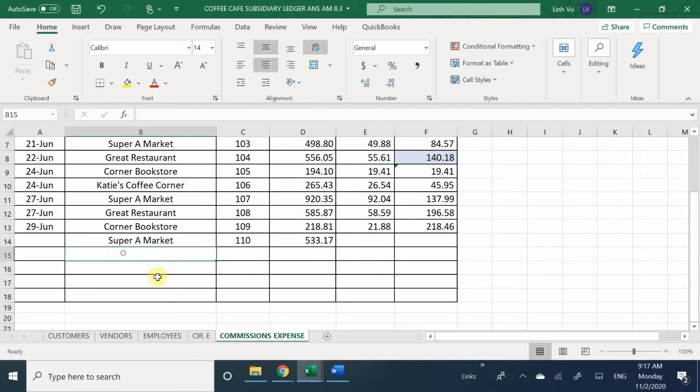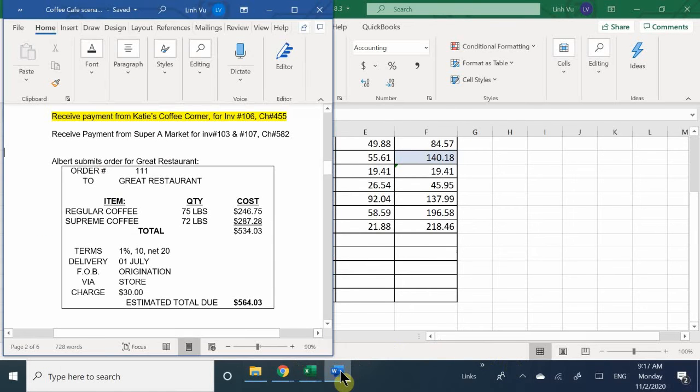So here we have an order submitted for a great restaurant. Okay. Invoice number 111. How much is that total bill for? $564.03. Good. Okay. Now let's look at the date of when we're going to send this out. We're going to send this out on July 1st. Okay. Cool.